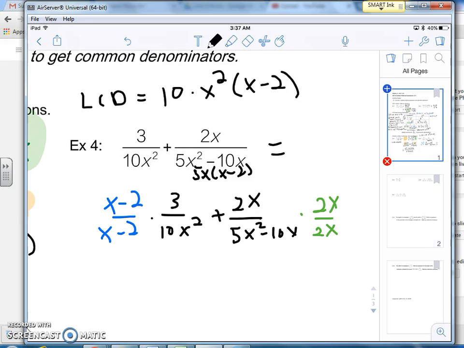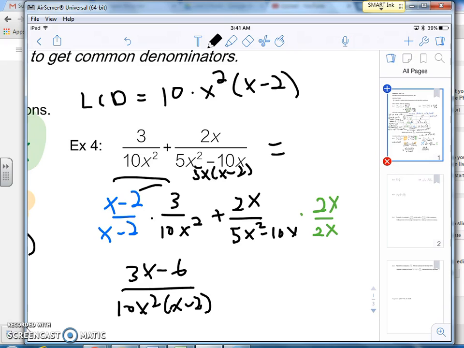And I'm going to distribute this. Alright, so we multiply this through, and we're going to get 3x minus 6 all over 10x squared times the quantity x minus 2 plus 4x squared.